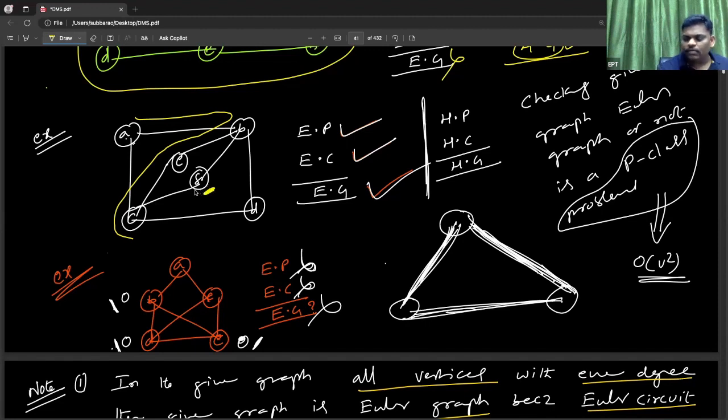Then can I go inside? This vertex 8 is crying, saying that you cannot cover me. So I think you cannot go inside. If you go inside, the guarantee is this vertex will be touched again. So you do whatever you want, a Hamiltonian path is also not possible. If a Hamiltonian path is not there, there is no meaning of a Hamiltonian cycle. There is no meaning of a Hamiltonian graph.